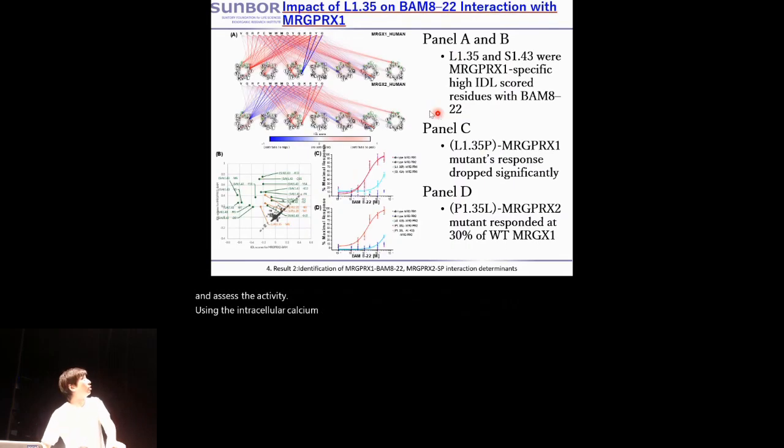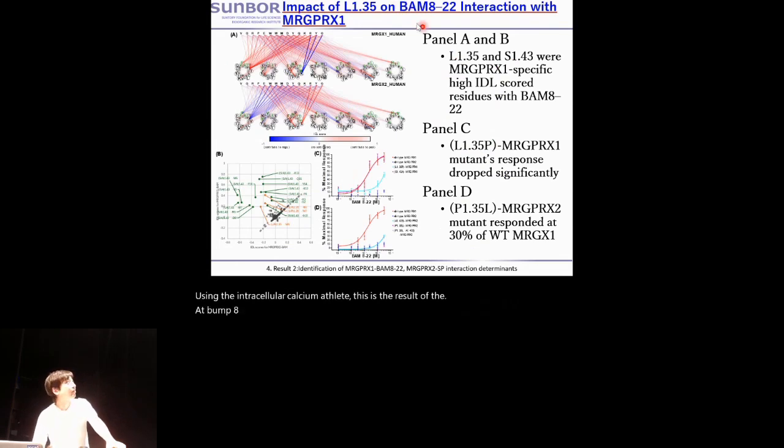This is the result of the BAM22 ideal score analysis. The upper panel shows the MRGPRX1 and BAM interaction ideal scores, and the lower panel indicates the MRGPRX2 and BAM interaction ideal scores.